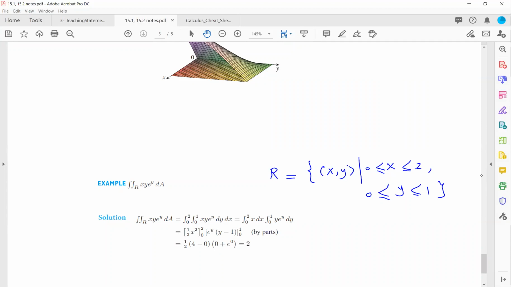Very well. Here we have a continuous function, and these variables are not dependent on each other. It means that you can separate the integrals. The double integral is now the product of two integrals: the integral of x dx with respect to x, and the integral of y e to the y with respect to y.